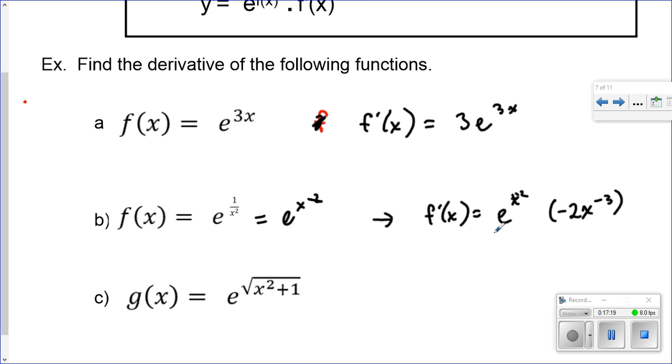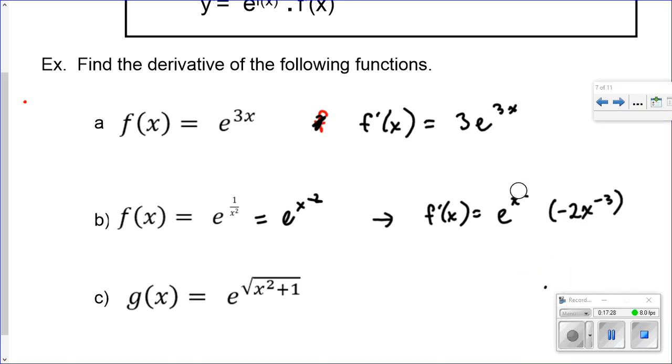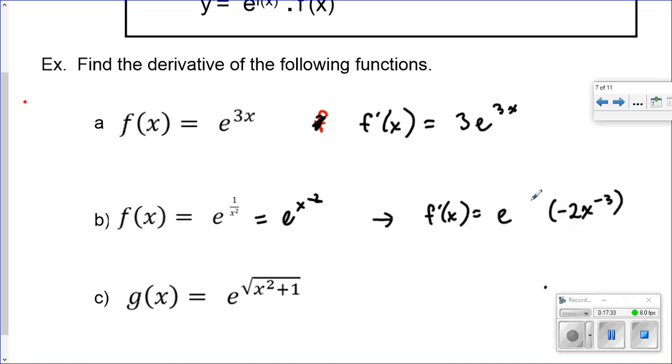All right, this needs to be cleaned up a little bit. So this simplified is negative 2 e to the 1 over x squared over top of x to the power of 3.